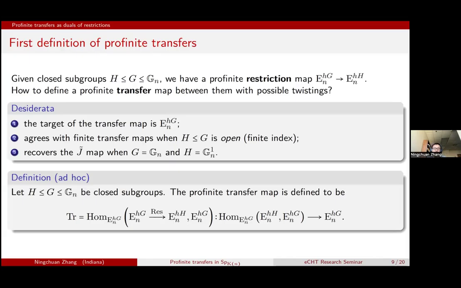In doing that, the target is still E_n^{hG}, but the source is the homomorphisms of E_n^{hG}-modules. In particular, if we take G to be the full stabilizer group, the source is the K(n)-local Spanier-Whitehead dual of E_n^{hH}. That is a case we are going to study in depth.